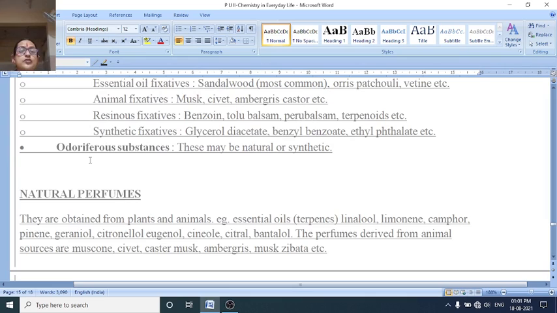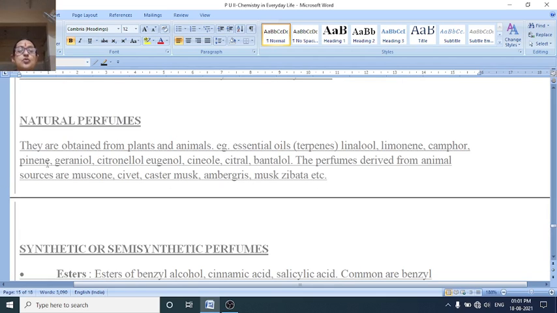Next is odoriferous substance. They may be natural or synthetic. Let us look at natural perfumes. They are obtained from plants and animals, for example essential oil, terpenes, then linalool, then limonene, then camphor.